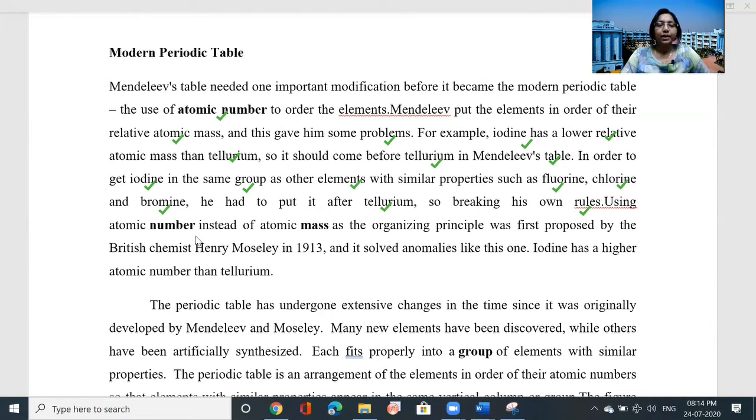Using atomic number instead of atomic mass as the organizing principle was first proposed by the British chemist Henry Moseley in 1913. And it solved anomalies like this one. Iodine has a higher atomic number than tellurium. So the problem has been solved when the atomic number is considered to give the place of the atom in the periodic table.